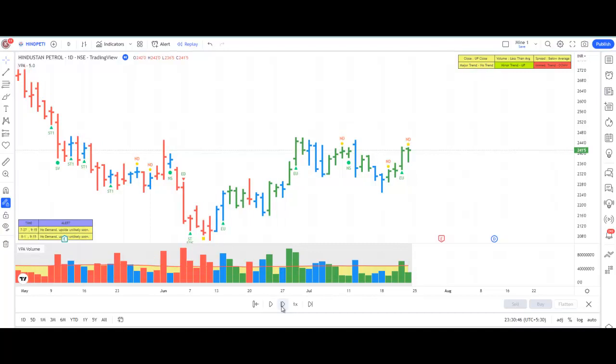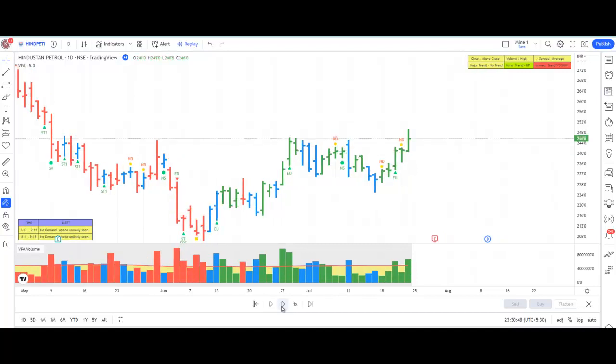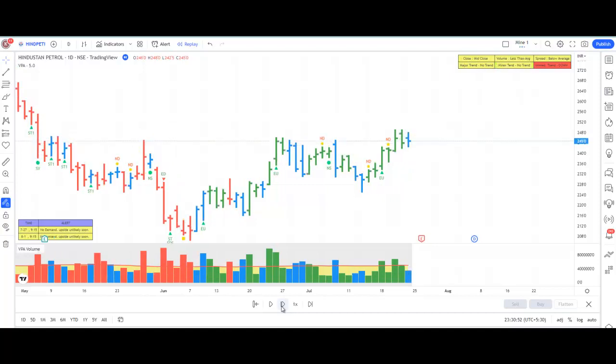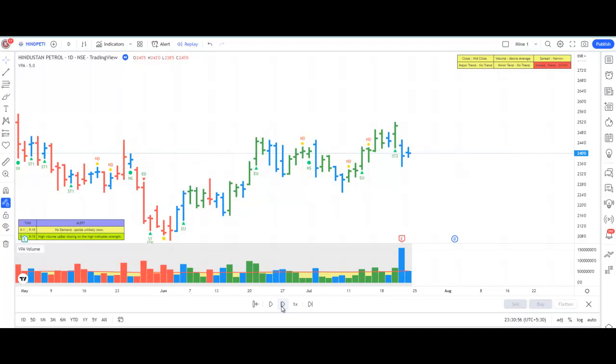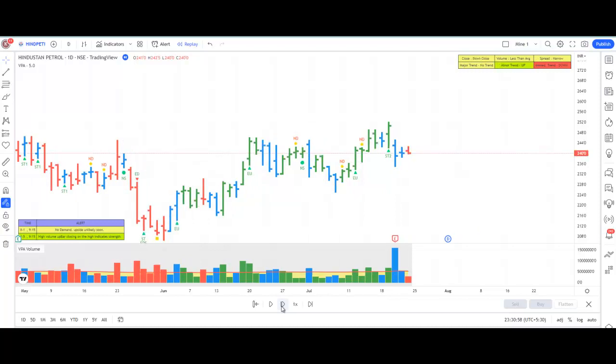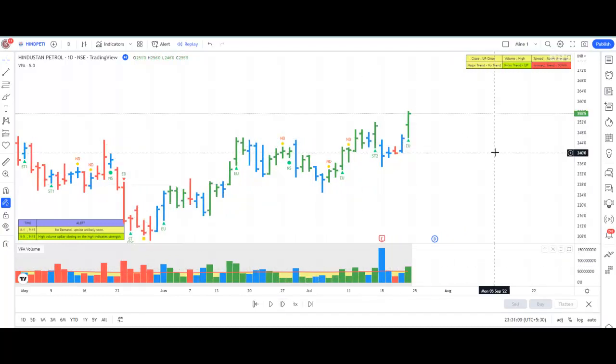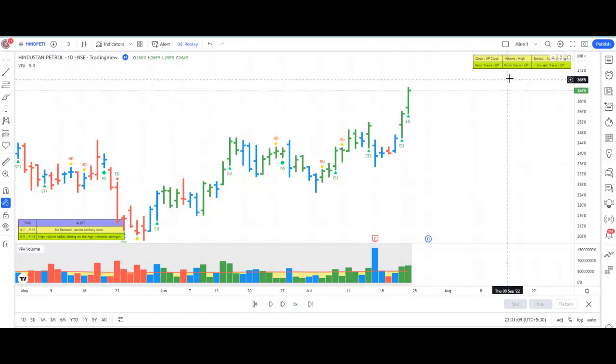Been moving slightly sideways. Now we can see the minor trend is up. Again, a little more sideways. Now we can see it started moving up, and the minor trend has also changed to up.